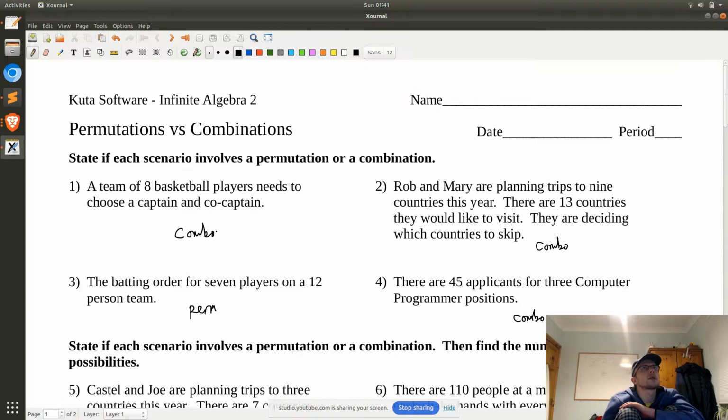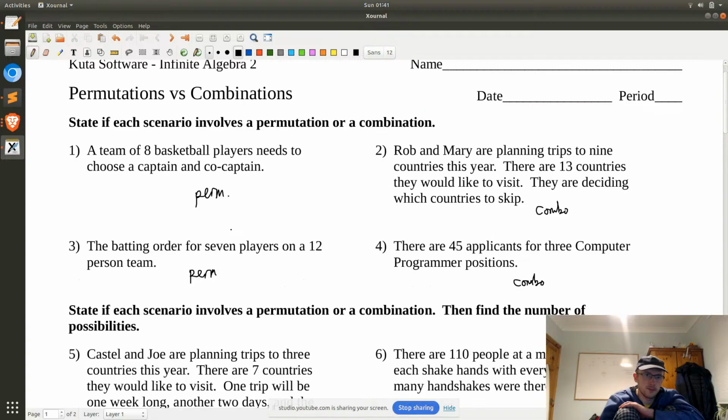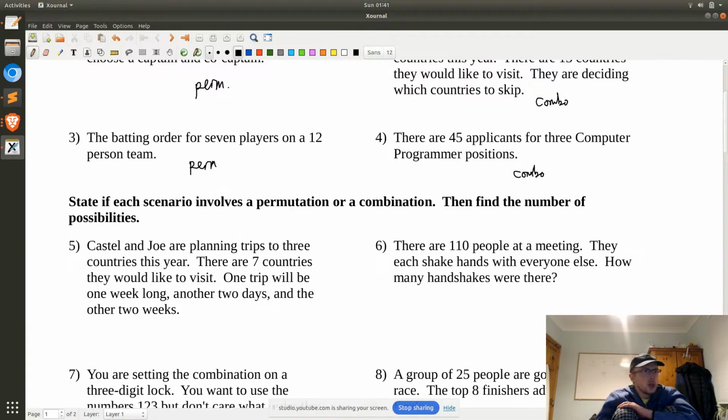Well, I guess you choose the captain first and then the co-captain second. So that's order sensitive in that manner. I guess I understand.